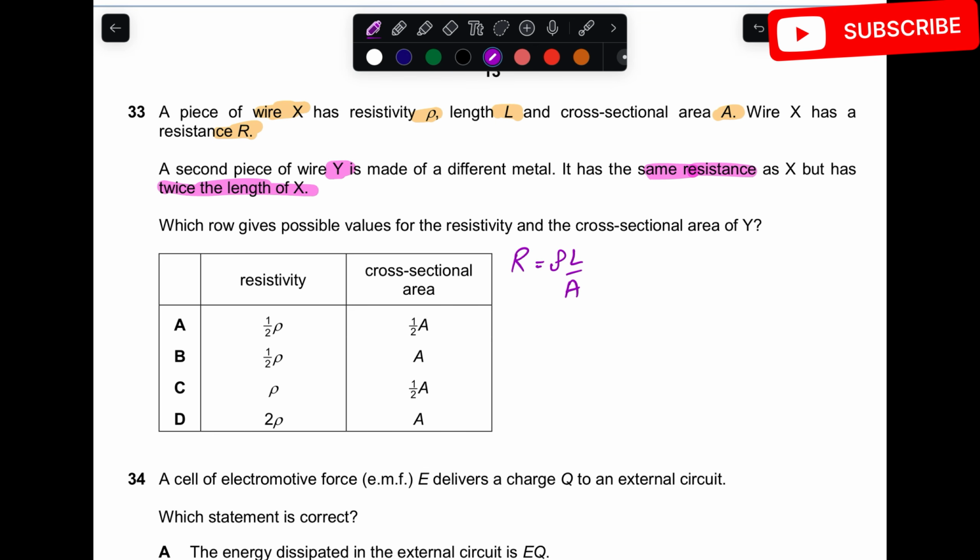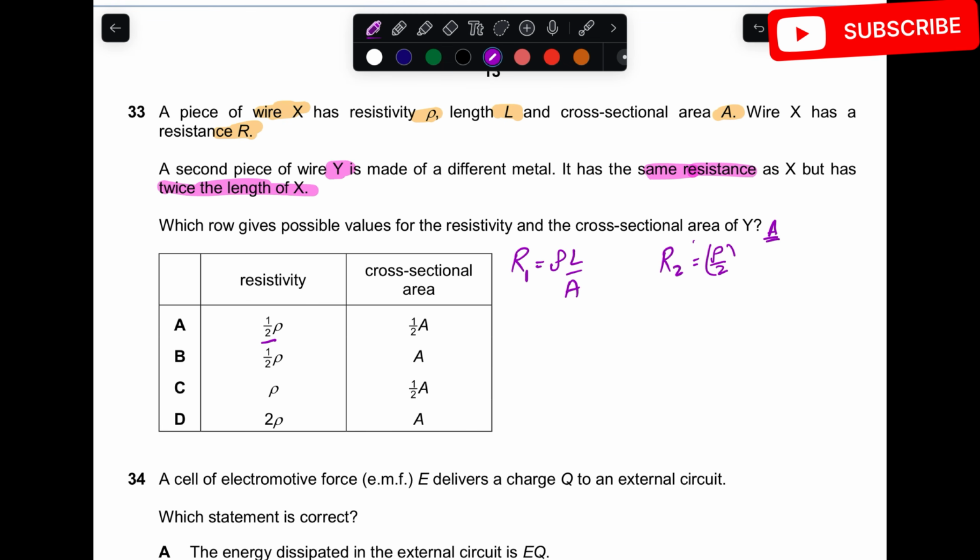Okay, let's suppose this is for R1. So for R2, we have different options. Let's check the option A. For A resistivity, we have to write rho over 2.